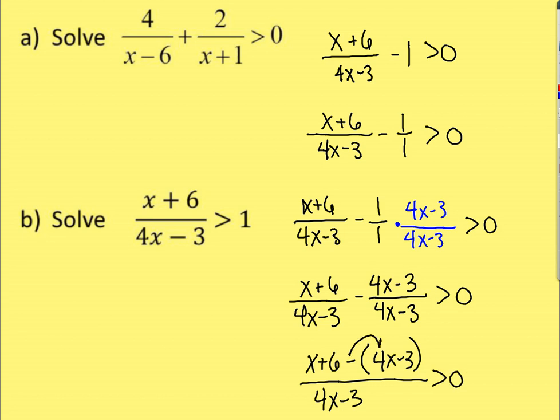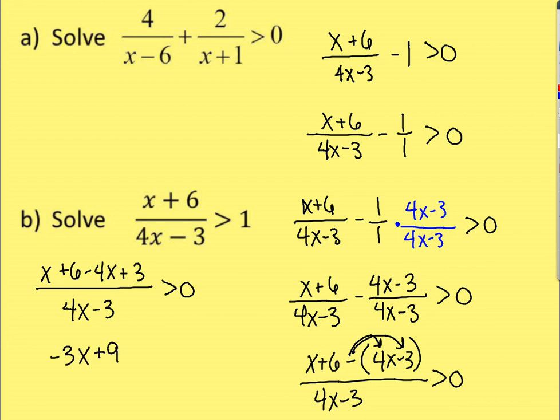We do need to make sure this negative gets distributed to both pieces. So now when we combine like terms, x minus 4x gives us a negative 3x. 6 plus 3 gives us 9. So we have negative 3x plus 9 all over 4x minus 3 is greater than 0. We got everything to the left side. Then we simplified it to make it one rational expression.